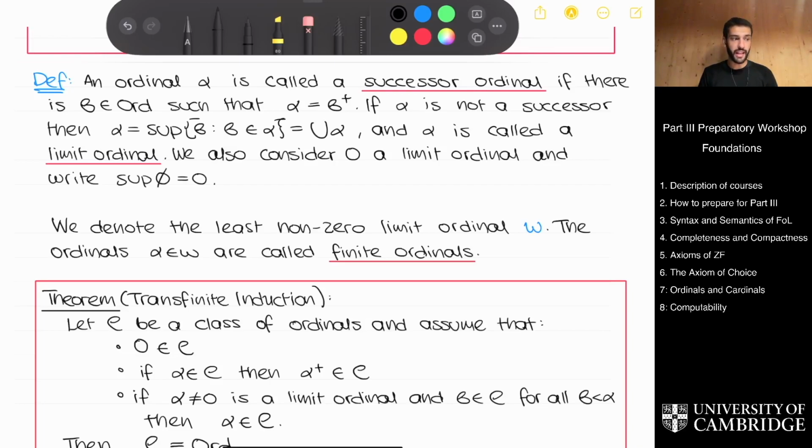The infinity axiom simply gives us an inductive set, but we can make sure that this inductive set is an ordinal itself by possibly using separation if we have to. Okay, so non-zero limit ordinals exist in ZF, and we write omega for the least non-zero limit ordinal in the class of ordinals. And all ordinals which are in omega are called finite ordinals.